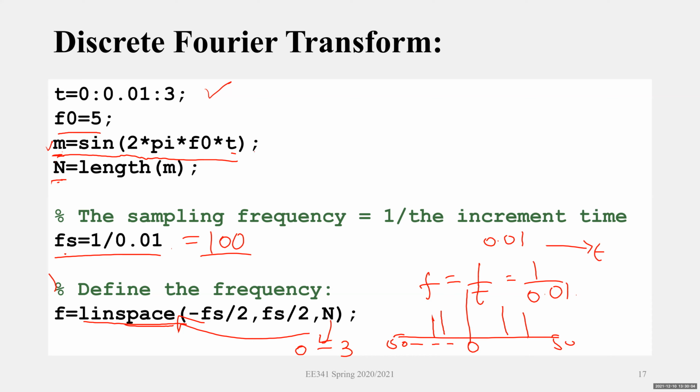And then the length of the signal, the total number of points, will be the length of m. So the number of points will be the same as the length of my signal. Then I will define the sampling frequency, this is part A. Fs is equal to 1 divided by the increment. Okay, so then linspace minus Fs.